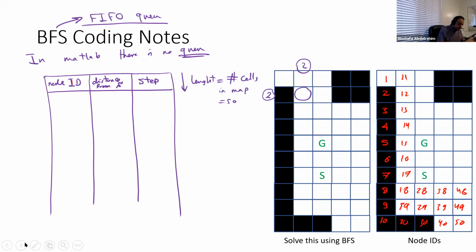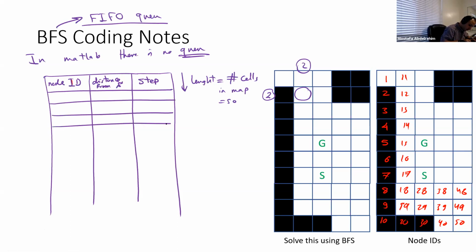Okay. In your assignment, you will add a fourth column that will help you to determine the shortest path. So I will not do the shortest path in this lecture. You will do it yourself. Okay. So let's go with that array right now.